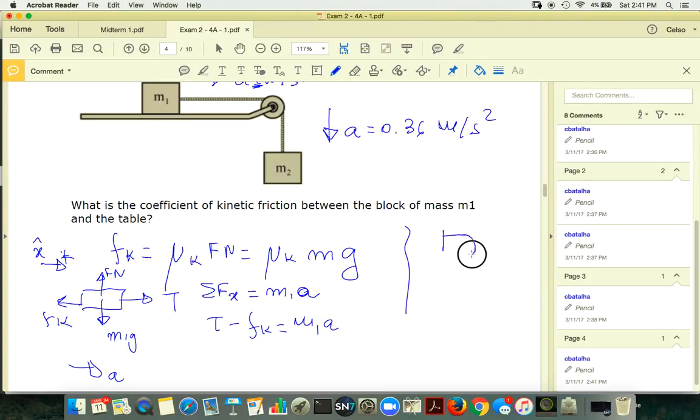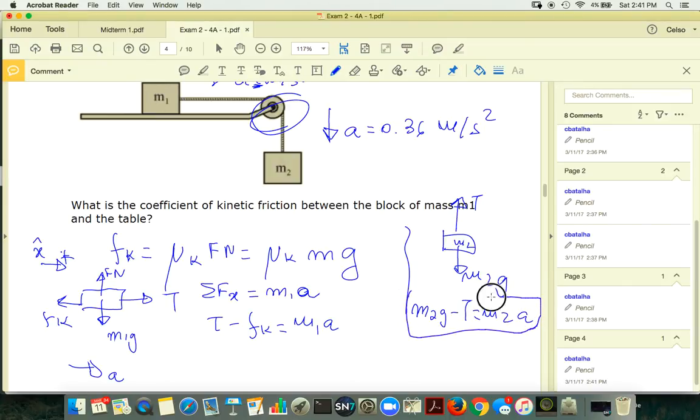Do the same with block M2, except that on block M2 you have two forces acting, weight and tension. Tension is the same, assuming the pulley is frictionless and massless, so that M2g minus T is equal to M2a. Equation 2. So take these two equations and add them together.